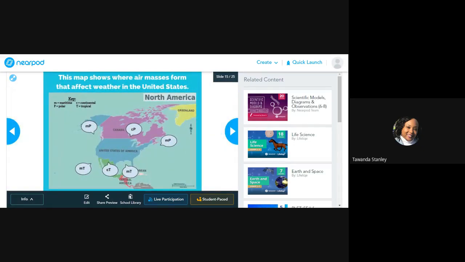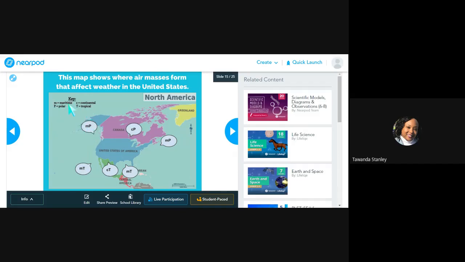This is a map of our country or the continent that we live on, which is North America. Okay, so with that being said, we have this area over here. Here's our key.